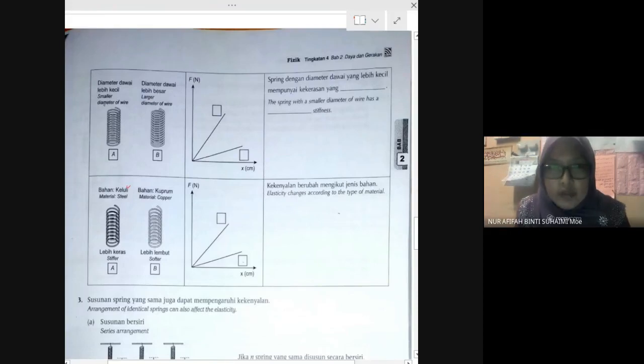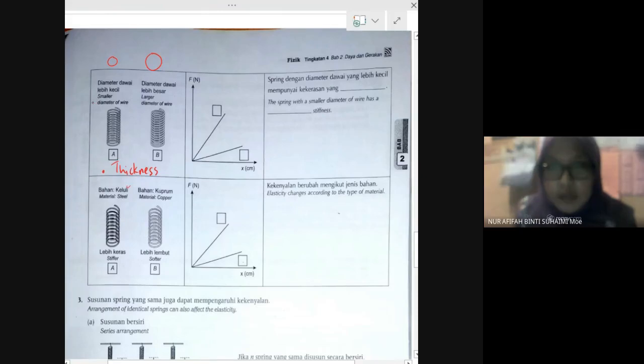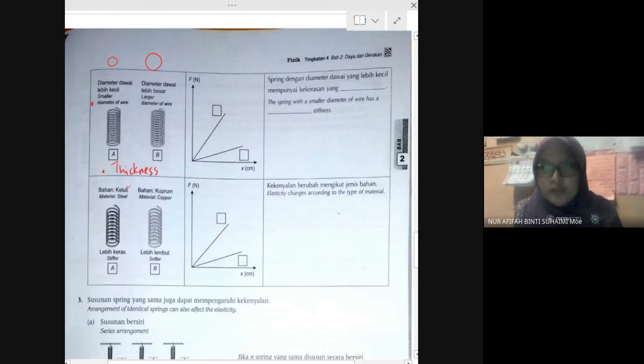Okay, this one diameter of wire, the wire itself. The thickness of wire. Ini kita boleh guna sama ada thickness of wire or diameter of wire. So which one is stiffer? Smaller or larger diameter? Dia punya diameter of coil sama.